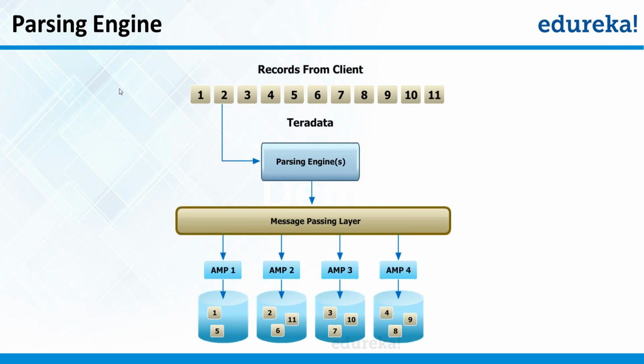Okay, so now let us look at how data is pushed onto the vDisk. If I have a stream of data coming to me, say the IDs which start from 1 and end at 11, what happens if I run something like an insert into the employee table?